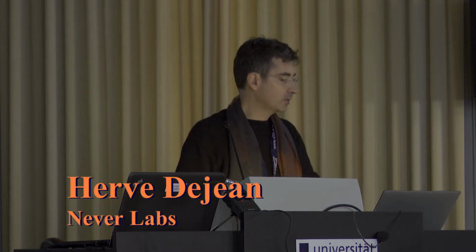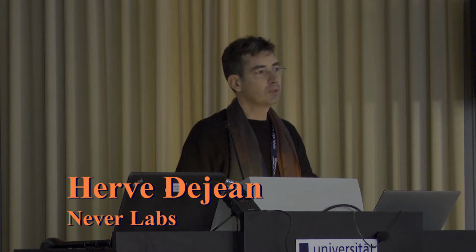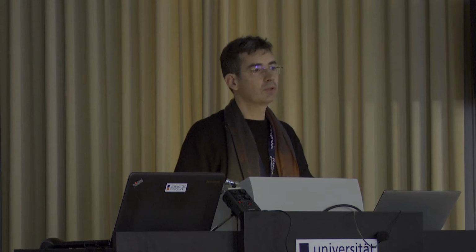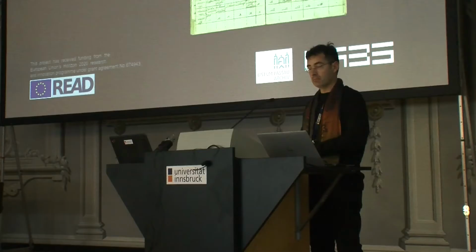As Günther said, this work was started with the READ project a couple of years ago. In the READ project, we were in charge of what we call document understanding, and a specific part was basically table processing, and we wanted to explore a use case with tables.